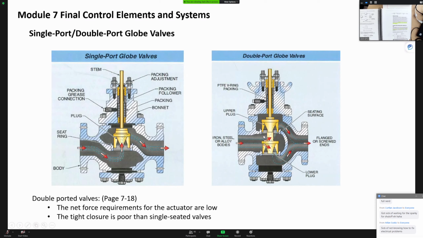The double port will be much easier to balance, but it's hard to close and open at the same time because you have two openings down there. So their tight closure is poorer than a single seat valve.